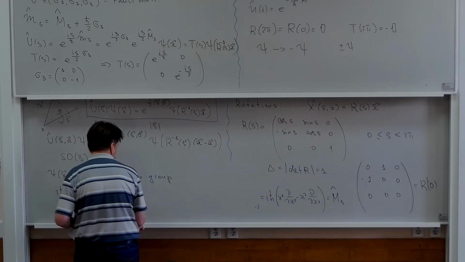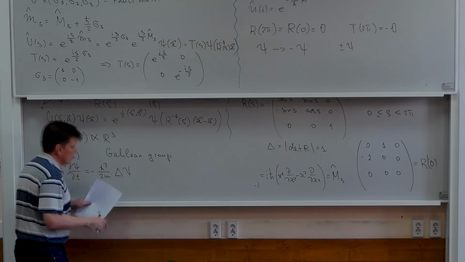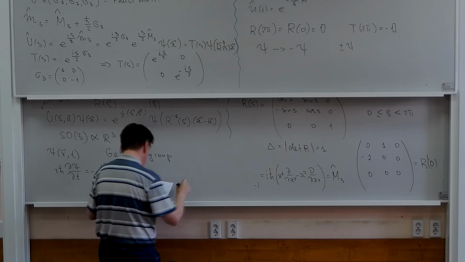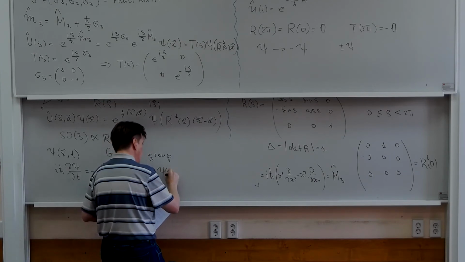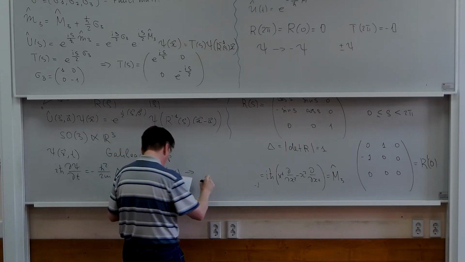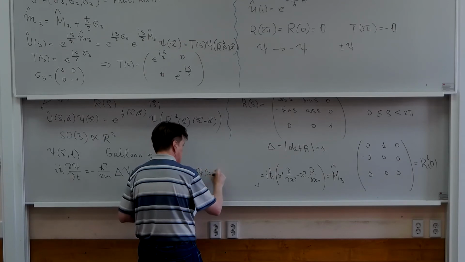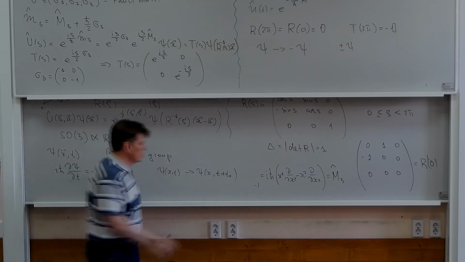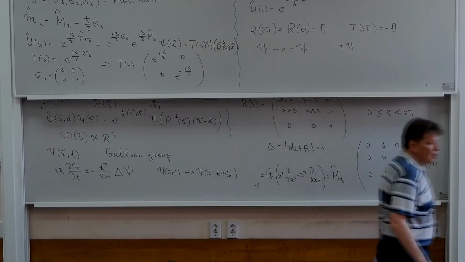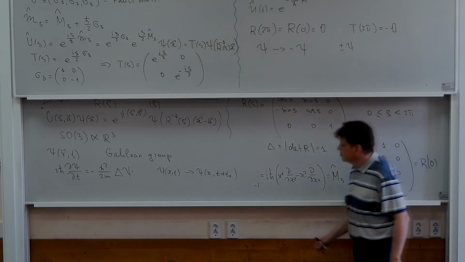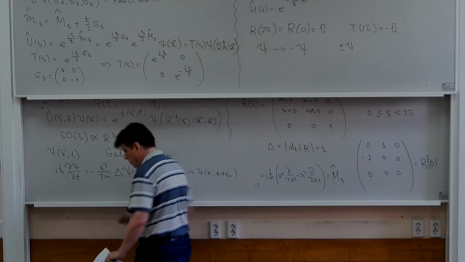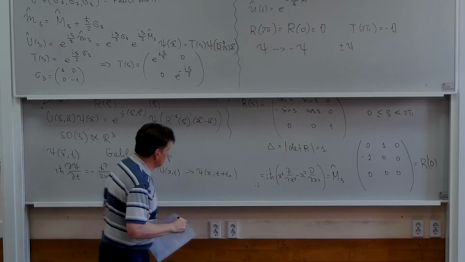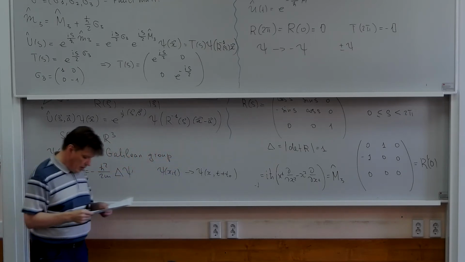And the corresponding transformation for translation in time is simply that psi of x and t goes to psi of x, t plus t naught. So t naught is now the new reference point on the time axis.